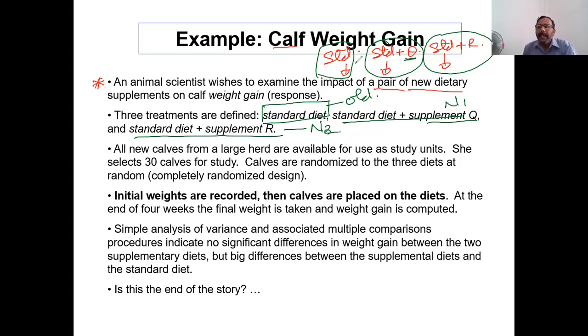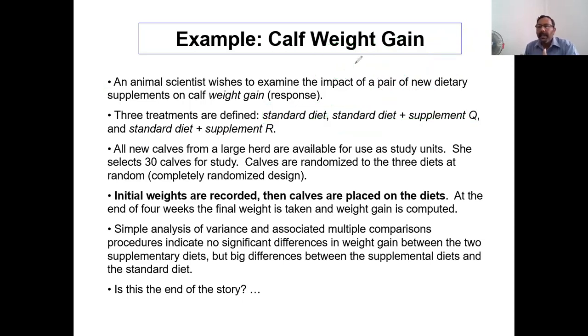We can provide some additional minerals or nutrients or protein or whatever it is. We are incorporating some lacking minerals or nutrients into the feed. That is called a supplement. So remember, these are 3 different diets that we are going to test.